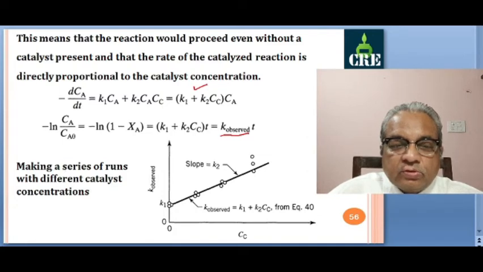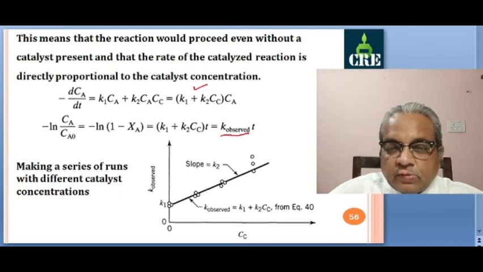So what we have to do is make a series of runs with different catalyst concentrations and find out from this equation. Take some catalyst concentration and, solving this, you find K observed. That means for that particular reaction, you plot minus ln of CA by CA0 versus t, and you will get y equal to mx form, passing through the origin, and you get the K observed value.